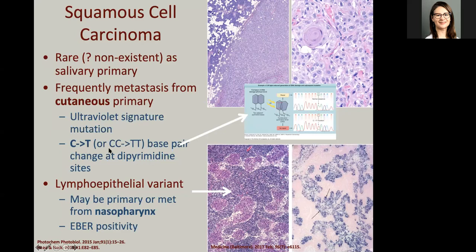And you can prove that by demonstrating the characteristic ultraviolet signature mutations, which are C to T or CC to TT changes diffusely in the genome. So not a single gene mutation, just diffuse C to T changes, these dipyrimidine dimers. Squamous cell carcinomas of the parotid, again, just to repeat, are generally metastases.